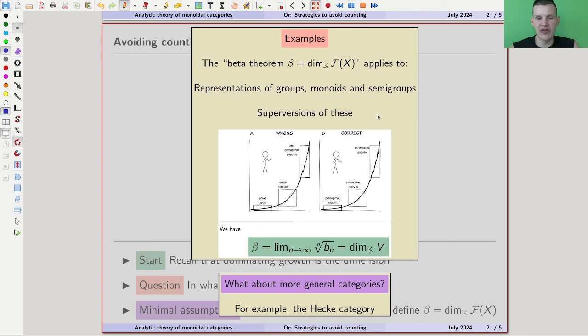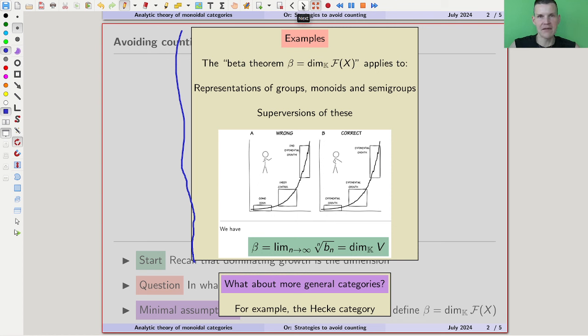But what about more general categories? What about categories where you don't have a functor to vector spaces? This is a large class of things that you can cover here, and maybe we are still somewhat in the realm of representations of groups, because you have a functor to vector spaces. But let's see how we can generalize this.